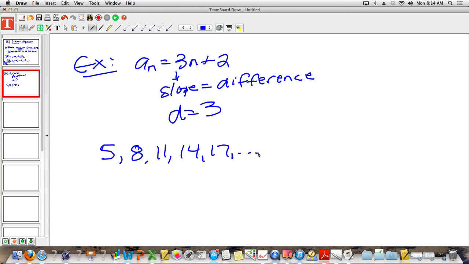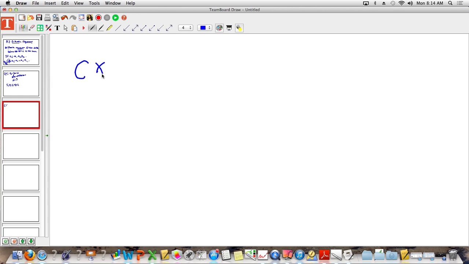What about this? What if you had to find the difference of a sequence, and the sequence is this? You've got 3, and then the next term is 9/4, and the next term is 3/2, and the next term is 3/4, etc. And it's an arithmetic sequence, which means all the differences are going to be the same.